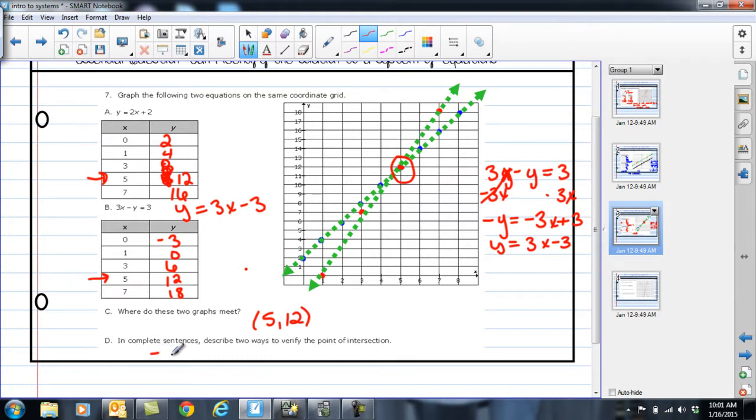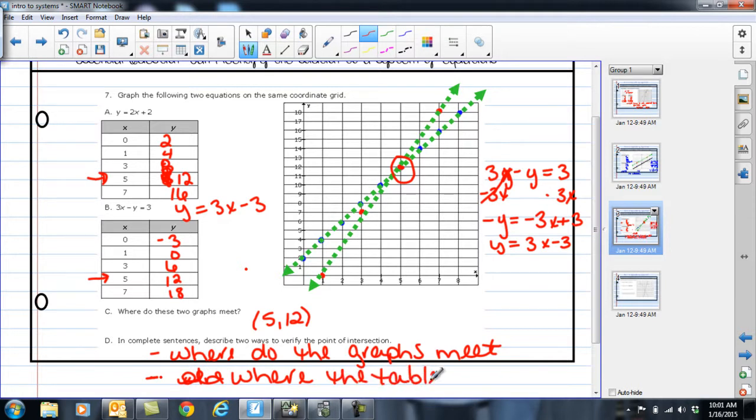Number 1, look at the graph. Where do they intersect? So just find out where they meet. That's the point of intersection. That's the solution. Another way is to look at the table and look at where the tables have identical points.